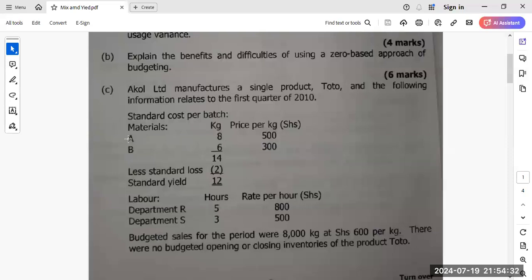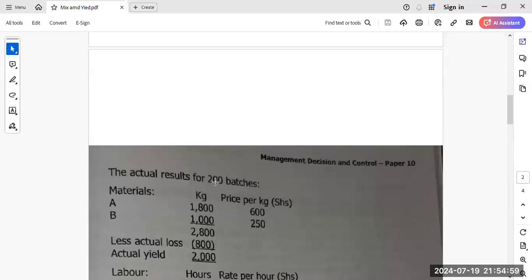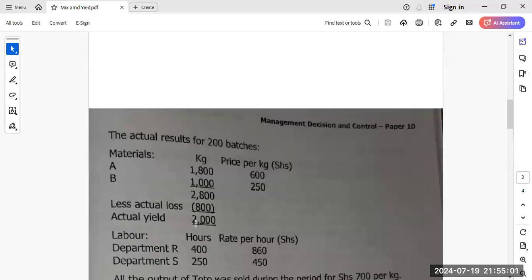You are dealing with A. We are trying to get standard kgs on the actual kgs. Get 8 over 12. This is after the loss. Then the answer you get multiplied by the total actual kgs after the loss, which is 2,000.